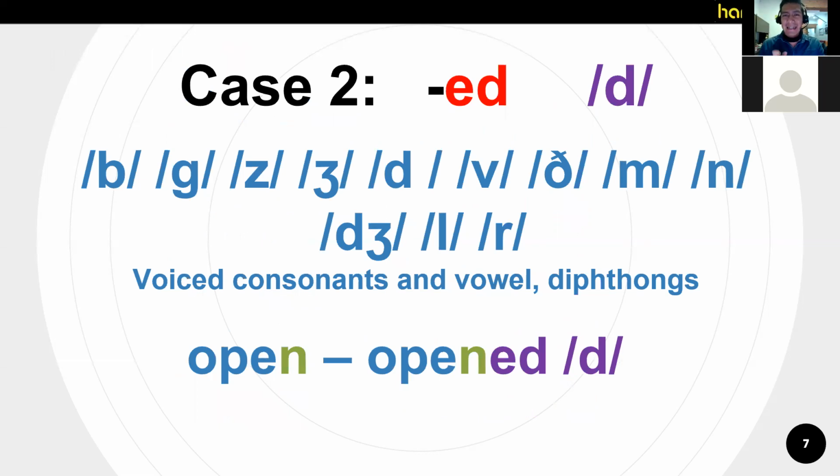It is a D. We're going to pronounce the -ed like D after these sounds, which are voiced consonants: B, G, Z, J, V. This symbol is like a D, but with vibration.